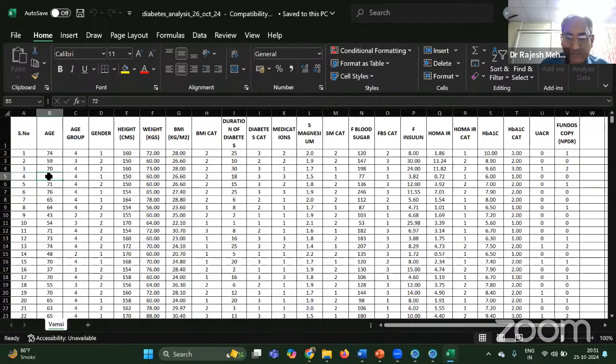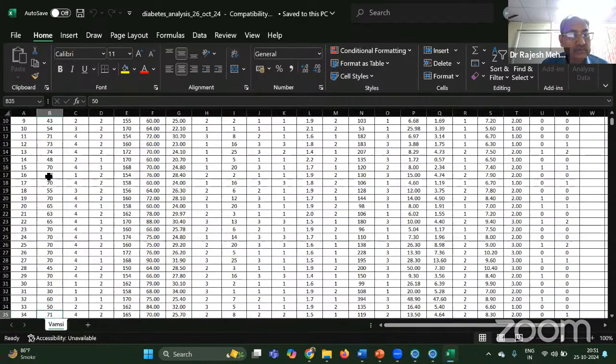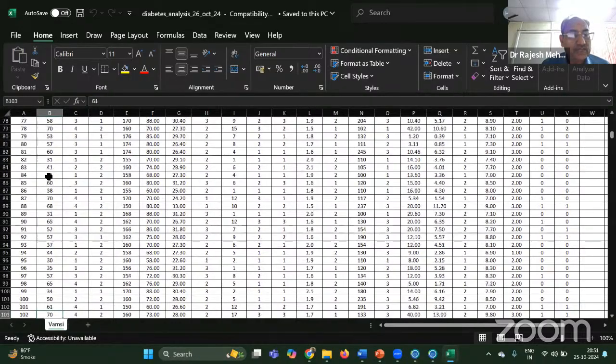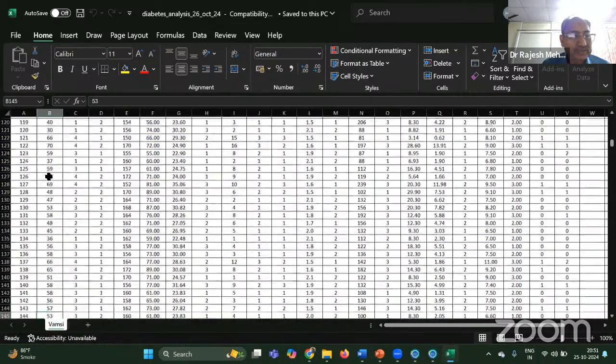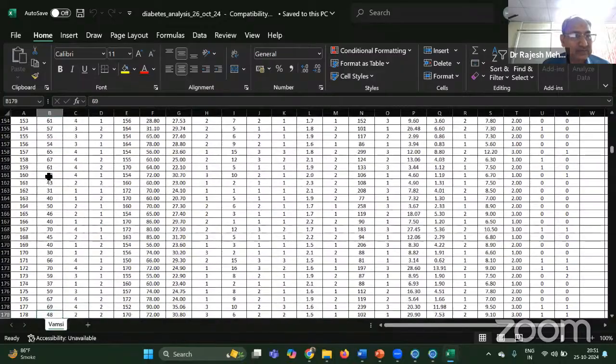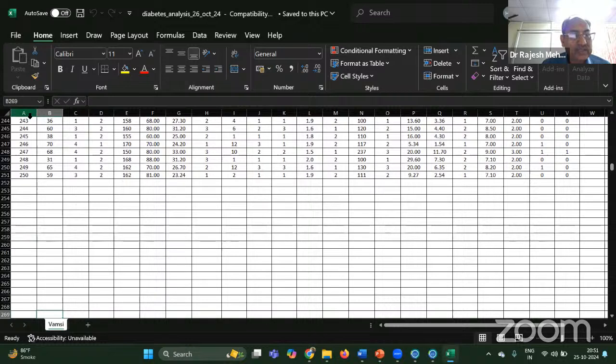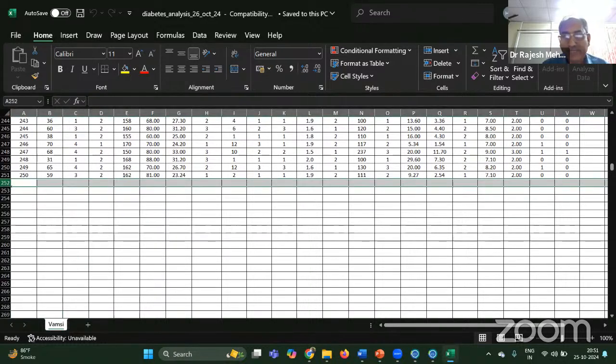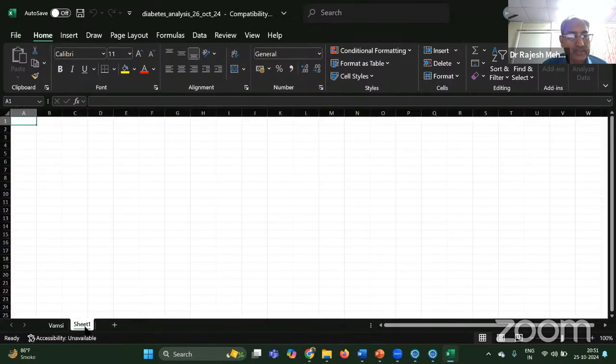It is 251, and the source shows 999. There seem to be other records, blank records. So it is better that we copy to another sheet, Final.